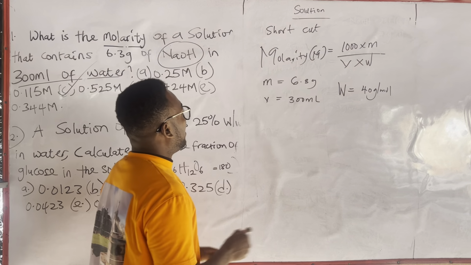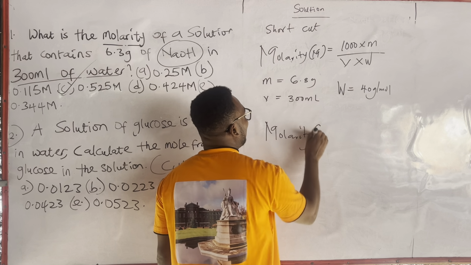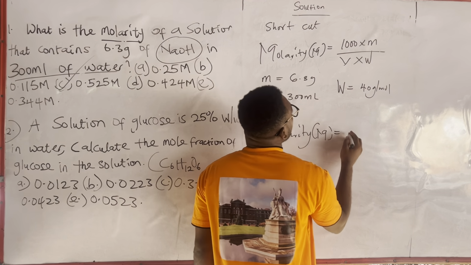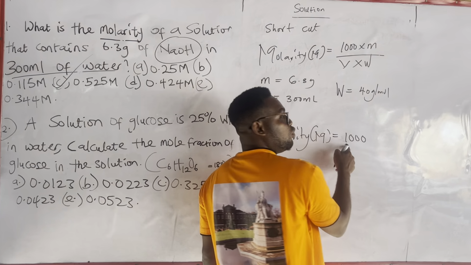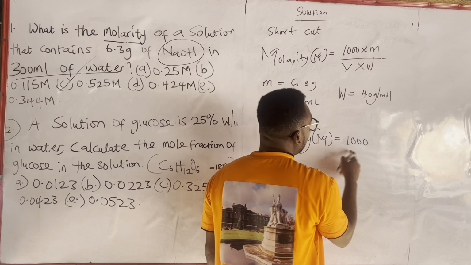Putting everything in the formula now, molarity, capital letter M, becomes equal to 1000. We retain the 1000 because the volume in the question is in mL.